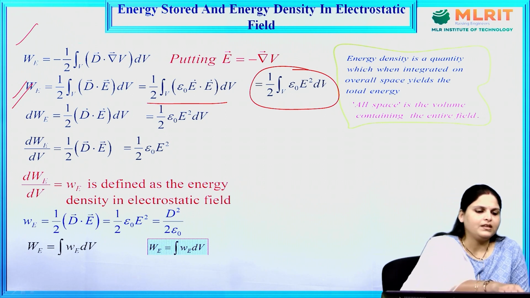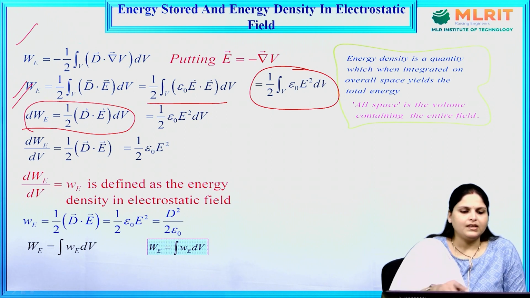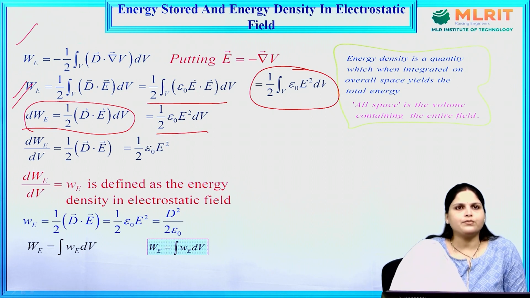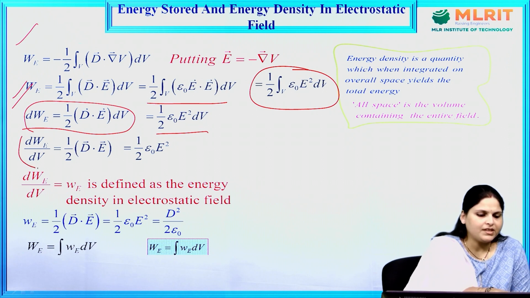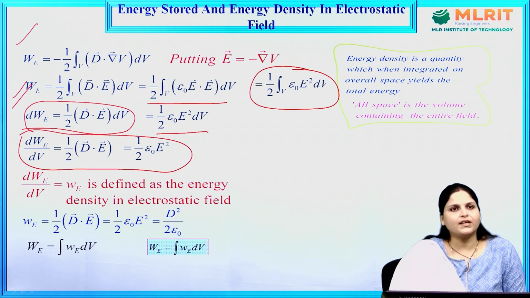Now if we write it in this form, dWE becomes 1 by 2 D dot E dV, or it can be written as 1 by 2 epsilon naught E square dV. And when we differentiate it with respect to V, this becomes 1 by 2 D dot E, or it can also be written as 1 by 2 epsilon naught E square.